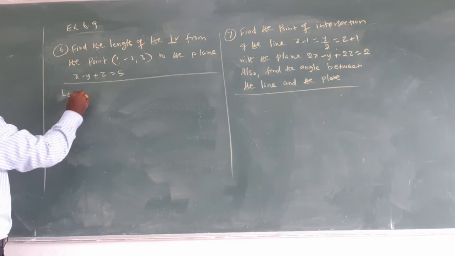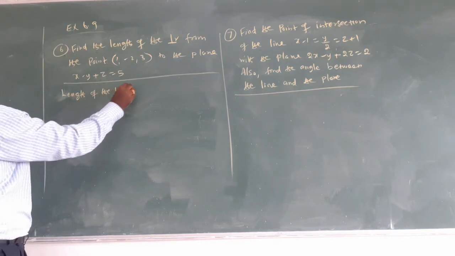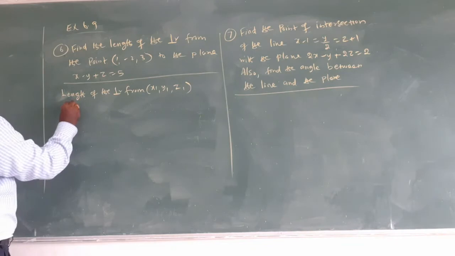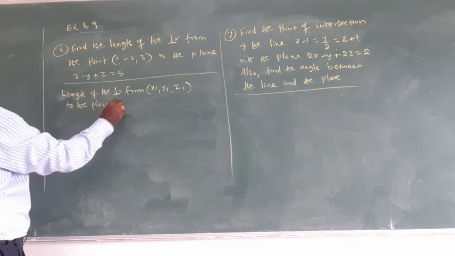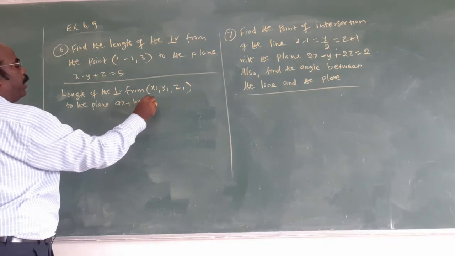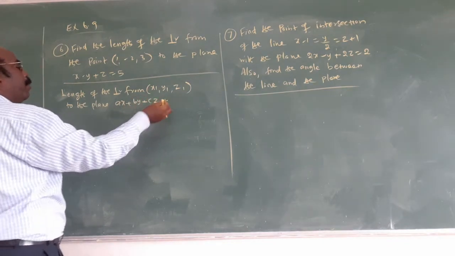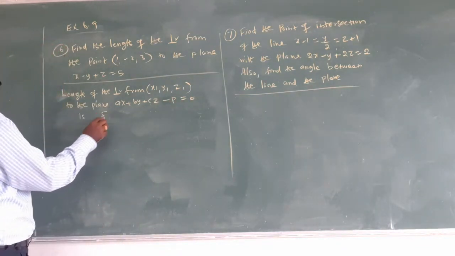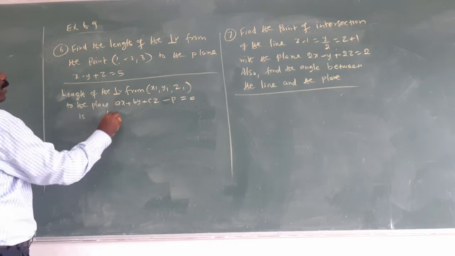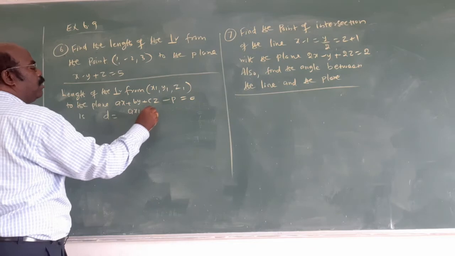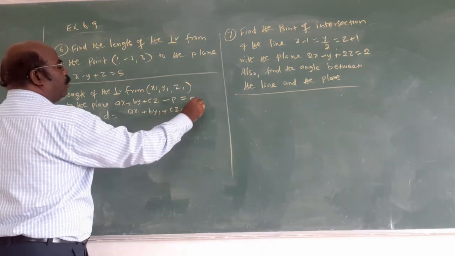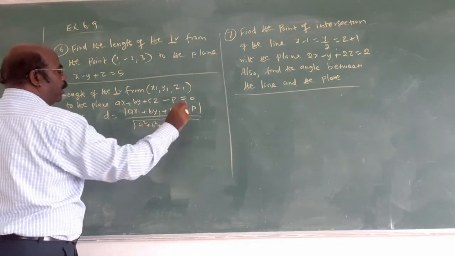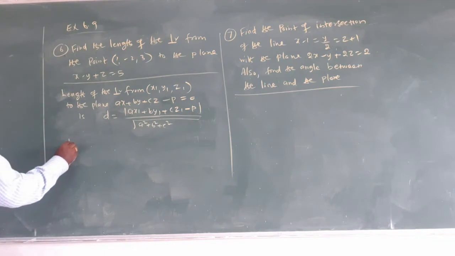Length of the perpendicular from the point x1, y1, z1 to the plane ax plus by plus cz plus p or minus p, whatever it may be, is the distance d. The formula is modulus of ax1 plus by1 plus cz1 minus p, divided by root of a square plus b square plus c square. This is the formula.